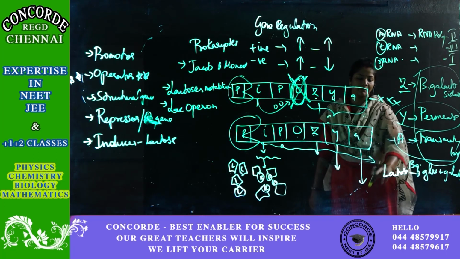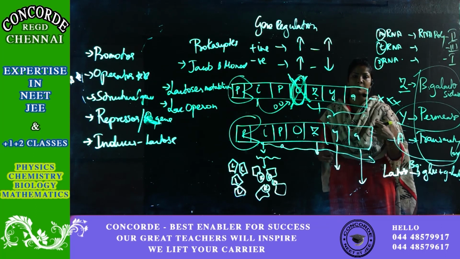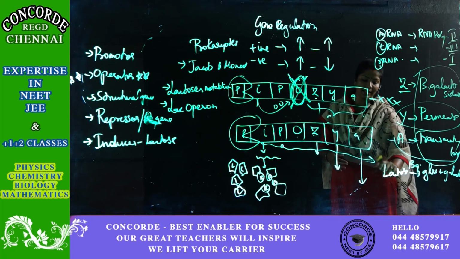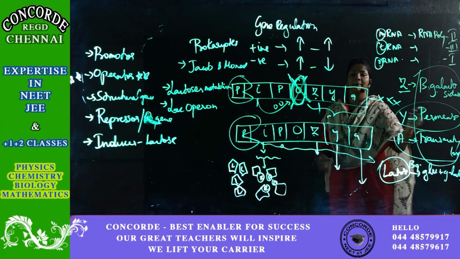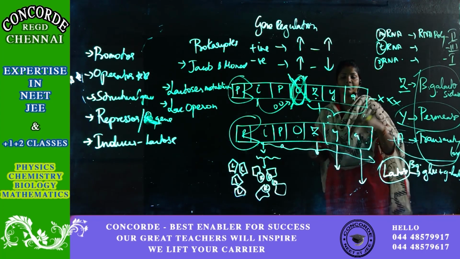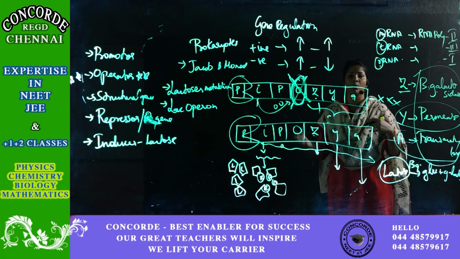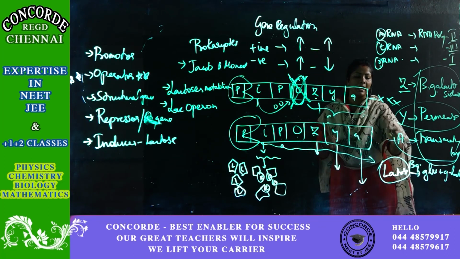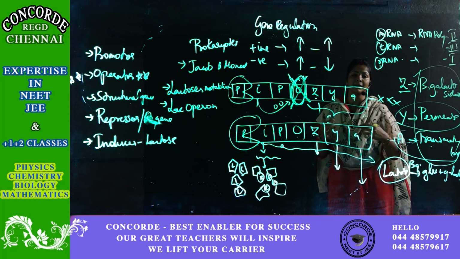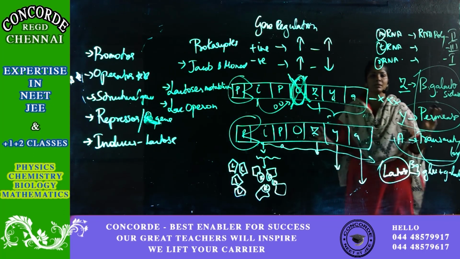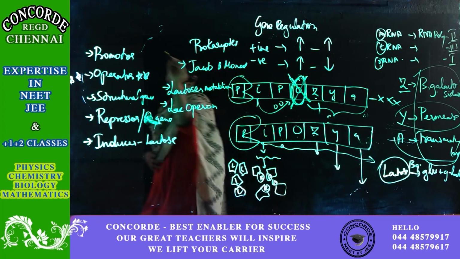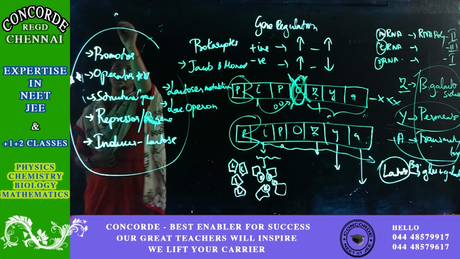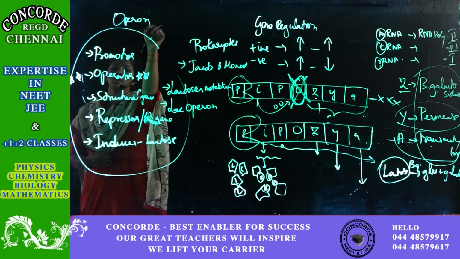So this enzyme breaks my lactose because I'm taking in lactose, but I want glucose. So take in lactose. Lactose is broken down by beta galactosidase. Permease will increase the permeability of lactose, so it will take more lactose inside your cell. And transacetylase will act as a catalyst in speeding up the reaction. So this is all about the gene regulation. All together, they are called an operon.